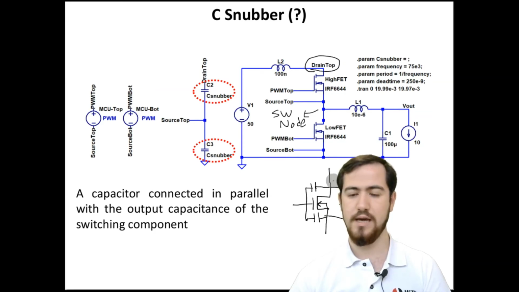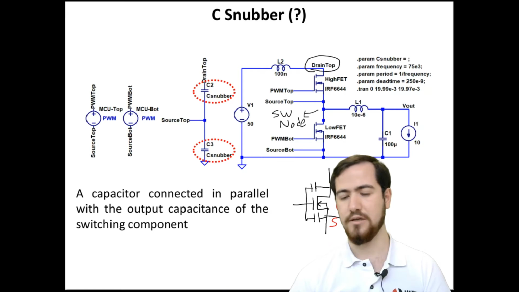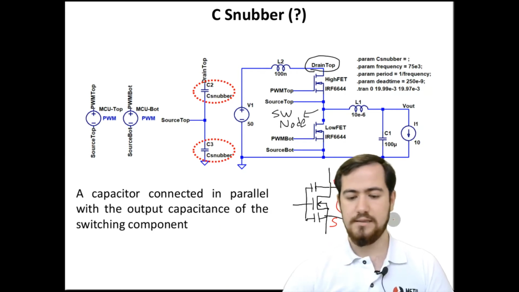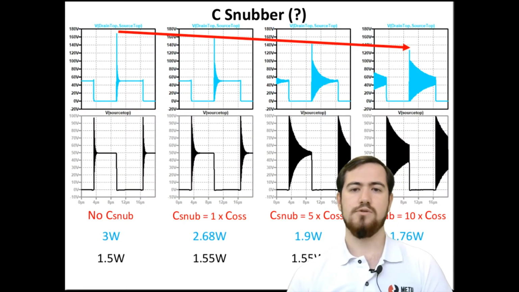What we are doing here is connecting a new capacitance across the drain to source to slow down the transition speed, because the total capacitance in parallel with the drain to source terminals has to be charged or discharged during the switching transients, and if we increase the capacitance here, it slows down our circuit. Let's see the waveforms of this solution.